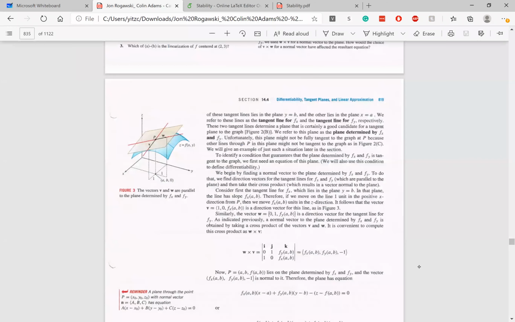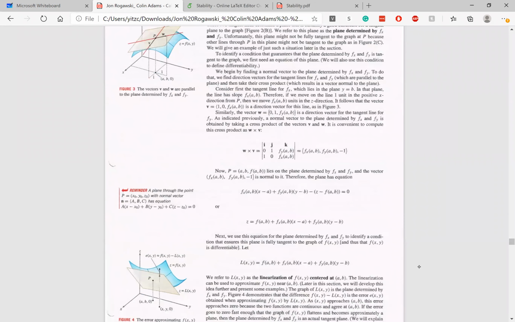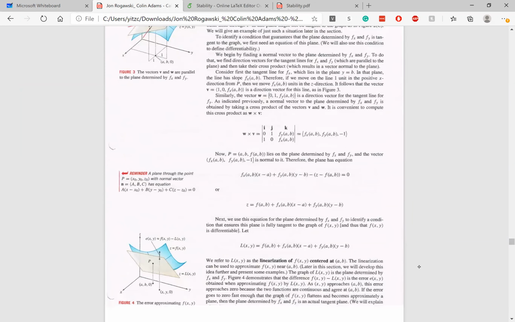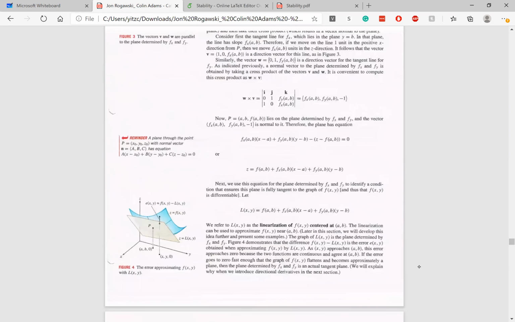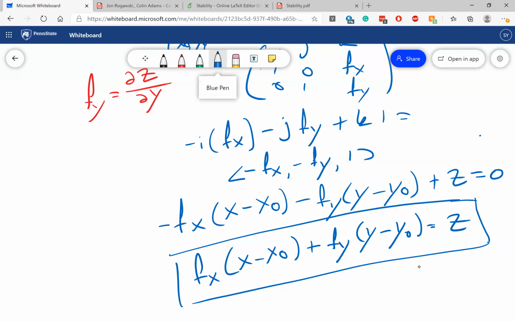Similarly, they take this cross product. They're using a and b instead of x0 and y0, but it doesn't really matter. And so then they get to the plane, and they say that our plane is going to be, oh, sorry, and there's also a z minus z0 over here. So this would be minus z0, and z0, of course, is equal to f of x0, y0.